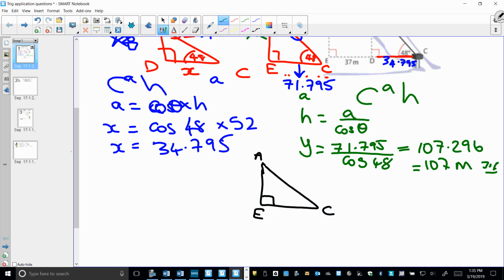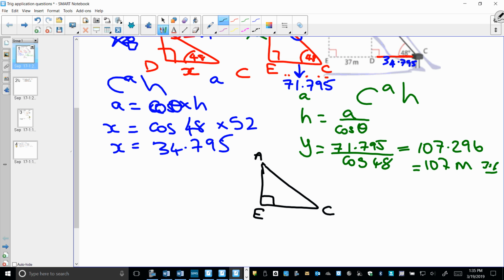This is how they word stuff, which is why we go through some wordy questions. So the vertical height has to be this big. He's travelling both horizontally and vertically, and they want to know just the vertical bit, so now we figure out the vertical.